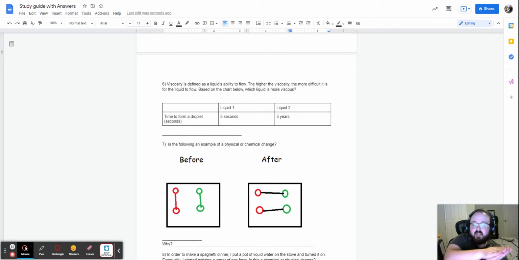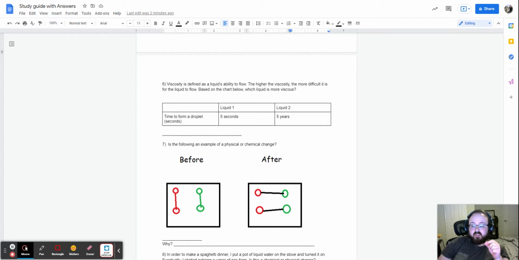The higher the viscosity, the more difficult it is for a liquid to flow. So a high viscosity means it's hard to flow. Think about honey. Think about syrup. Think about the pitch that we saw in the experiment. They have high viscosity.